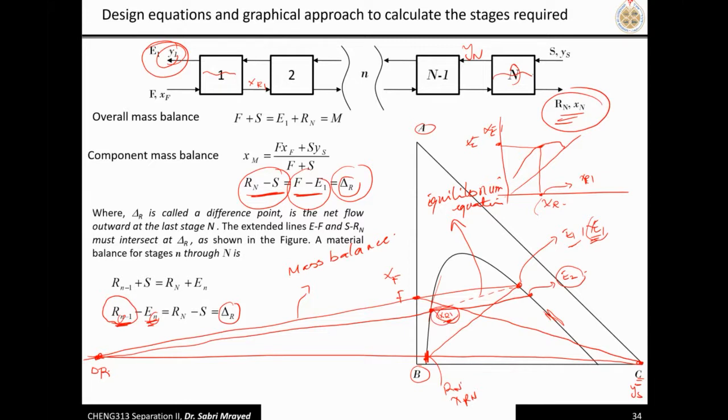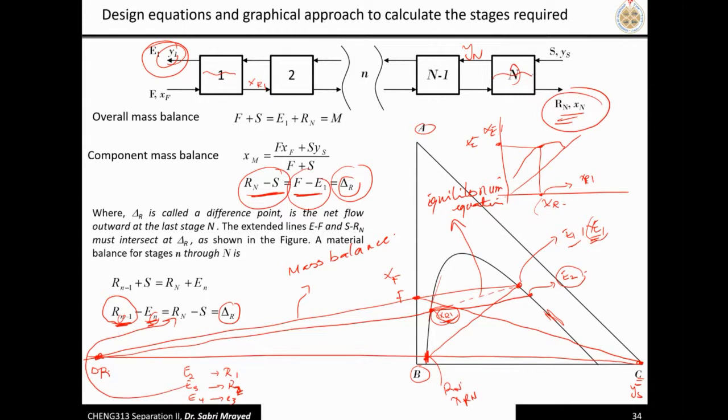So let's say I have E2 with R1, E3 with R2, and so on, E4 with R3, and so on. So that line is going to relate these two equations.